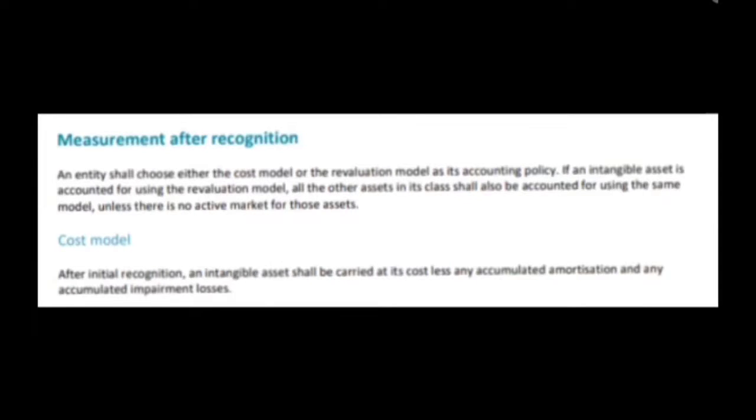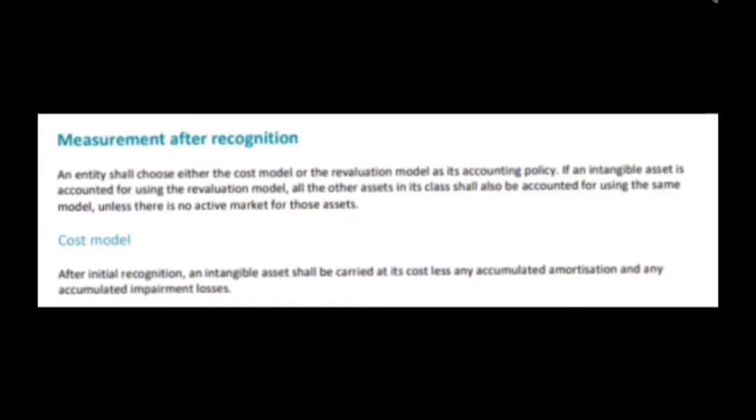The cost model is that the company accounts for the assets at their cost less depreciation. And the revaluation model means that the company revalues or compares its assets' cost to the market value. So it can be more or less than the actual cost, and the company shall account for the asset in its books at the value prevailing in the market.